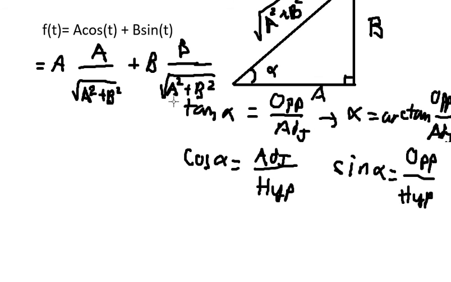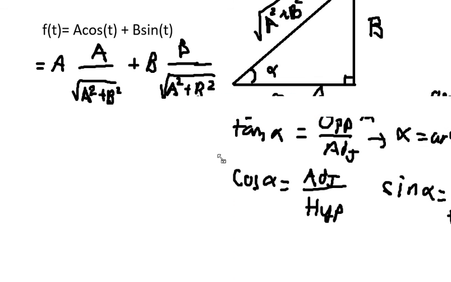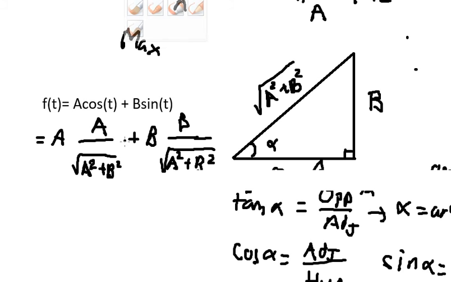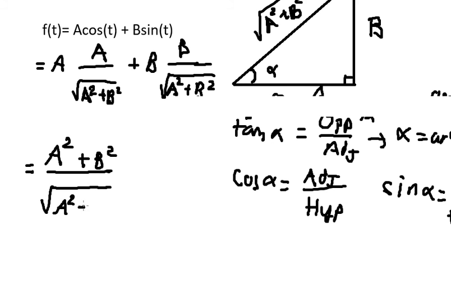So I need to move this one in here. After we have this one, we have a times a, we have a square. b times b, we have b square, over the square root of a square plus b square.